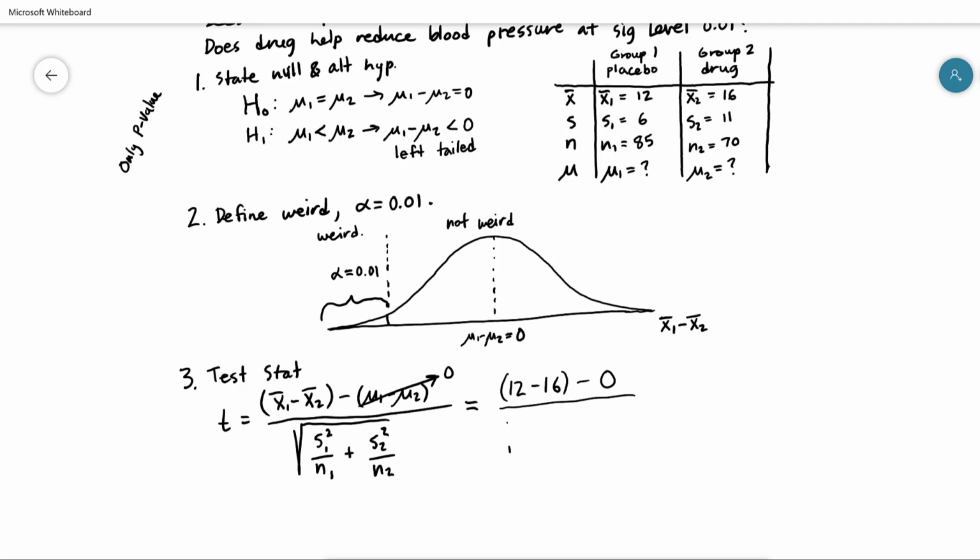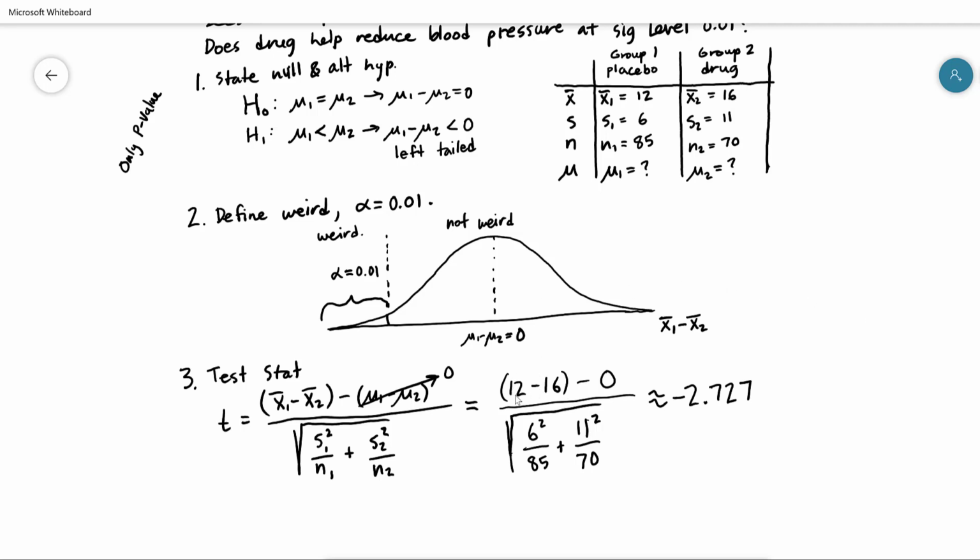And in the denominator, s1 was 6, so I'm going to have 6 squared over 85, plus the other one was 11, 11 squared over 70. Plugging this into our calculator, I get about negative 2.727-ish, if I do it to 3 decimals.